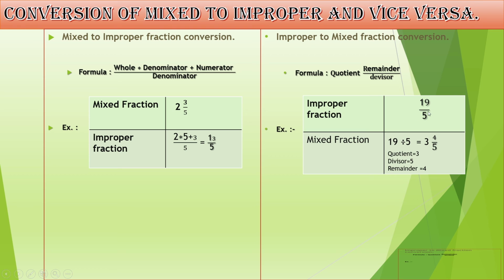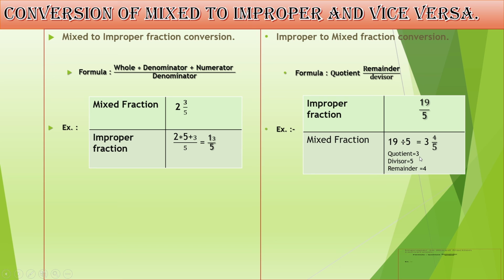This is an improper fraction which is 19 upon 5. This is what we have been given. Now actually, students, divide 19 by 5. If you divide 19 by 5, you will see 5 threes are 15.